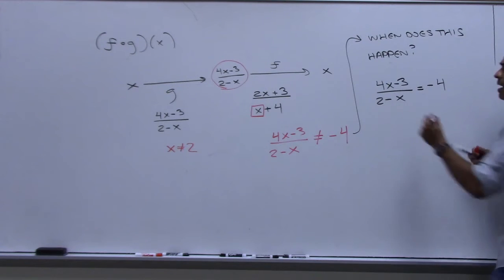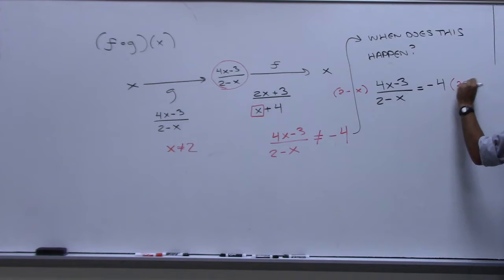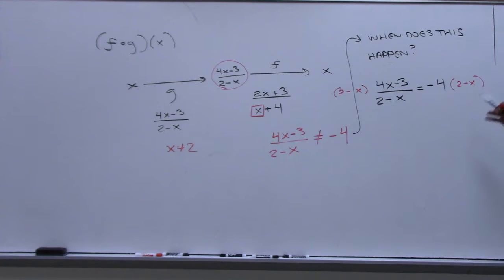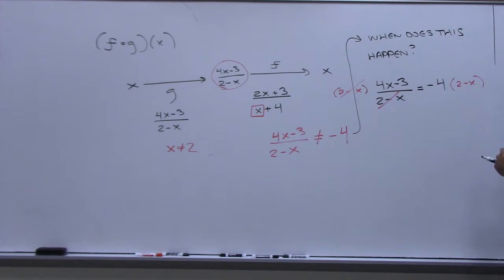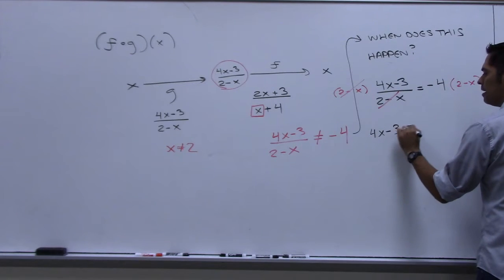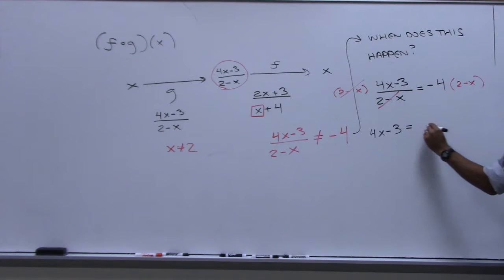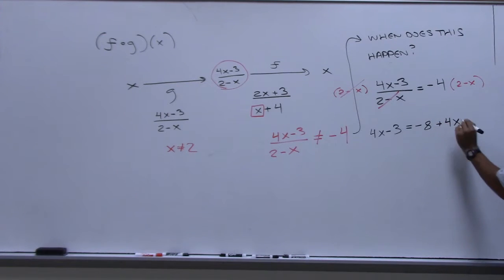Multiply both sides by 2 minus x. That allows me to clear the fraction, doesn't it? I'm working with an equation now. The left side is 4x minus 3 equals the right side, -8 plus 4x. So distribute.